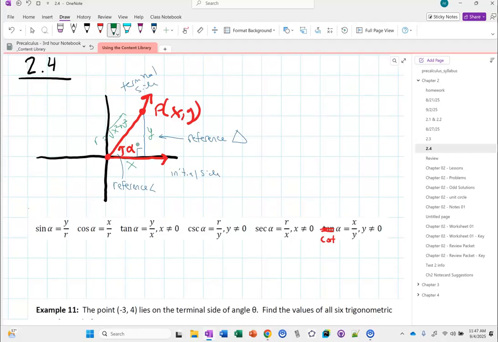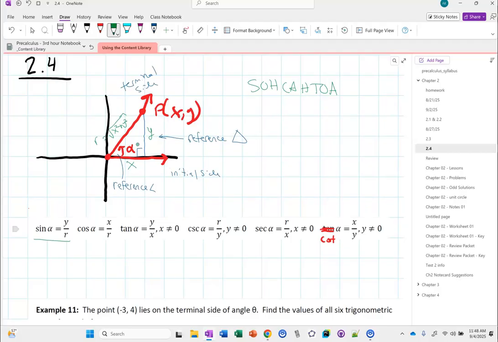Now if I take SOHCAHTOA and use this angle alpha here, opposite is y, hypotenuse is r, so I'm left with y over r.